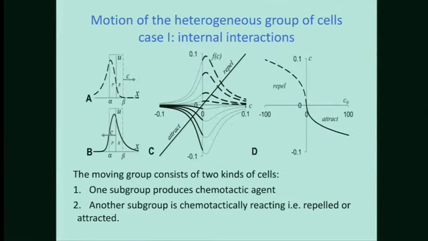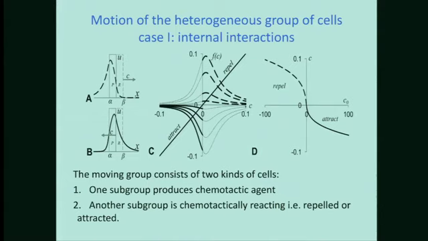Okay, we can slightly modify the model now. What happens if this moving group of cells is heterogeneous? In a sense, it's a bit easier, because with a heterogeneous group of cells, it's easy to see it will move.